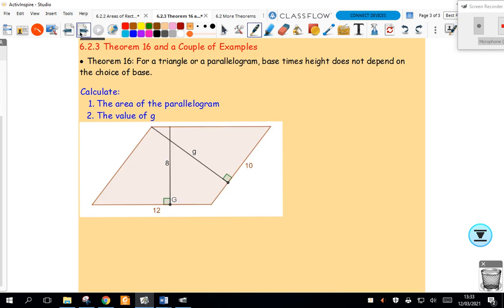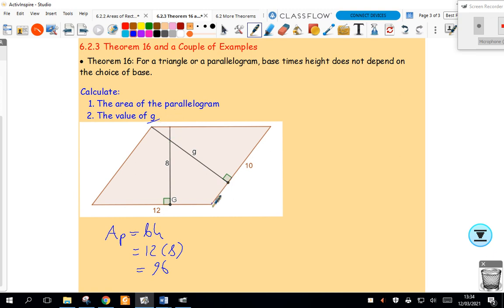And look at that in a parallelogram. I want to find the area of the parallelogram. Well, I know the area of a parallelogram is base times height. In this case, the base is 12, the perpendicular height is 8. That is 96. But I don't have to use that base if I want to find the value of g. Well, g is the perpendicular height from this base.